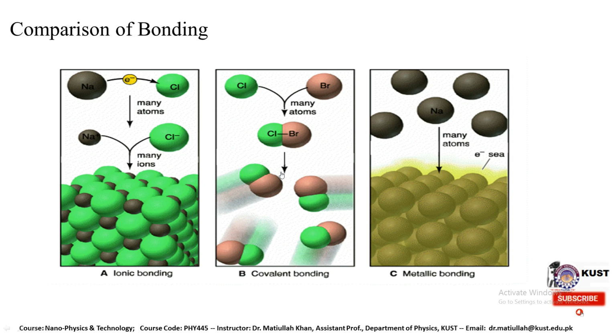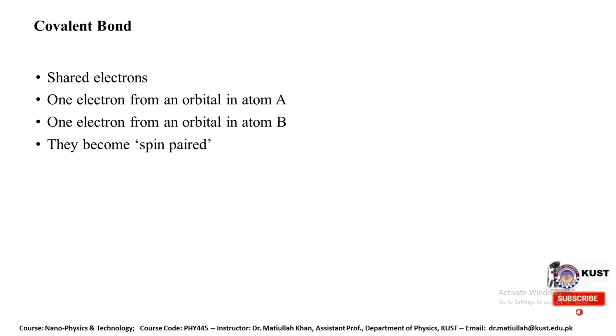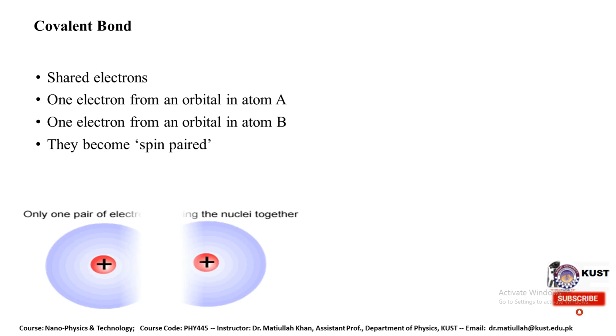If you want an electron to leave the metal, we need to provide an amount of energy that is called the work function. In metallic bonding, they are bound with each other, and as a result we have metallic bonding for some materials.